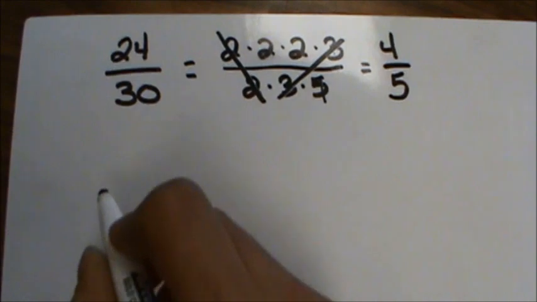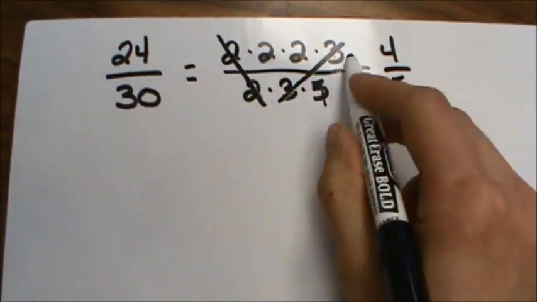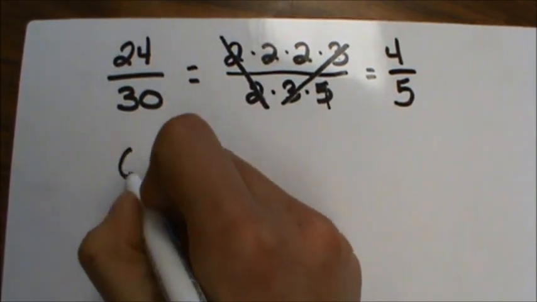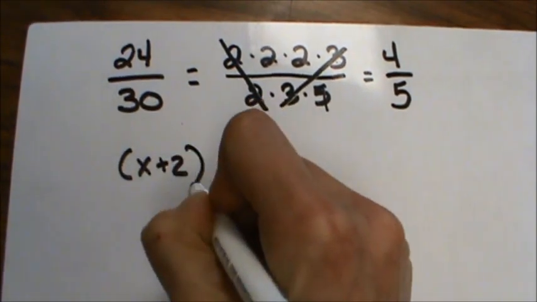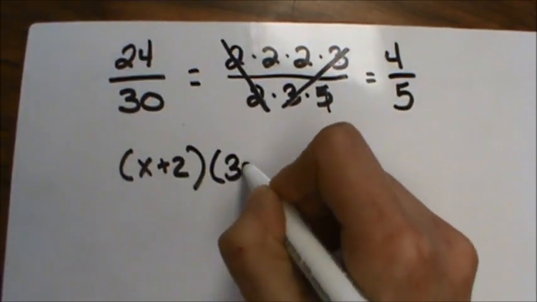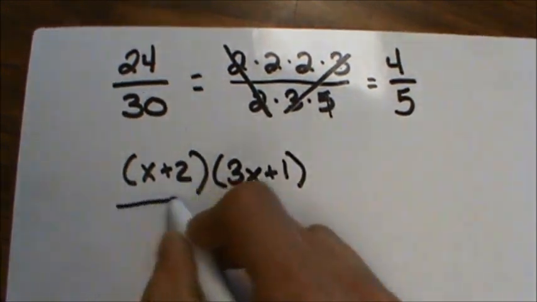We're going to do the same thing today. Instead of numbers canceling, however, we could have factors like x plus 2 or 3x plus 1 canceling.